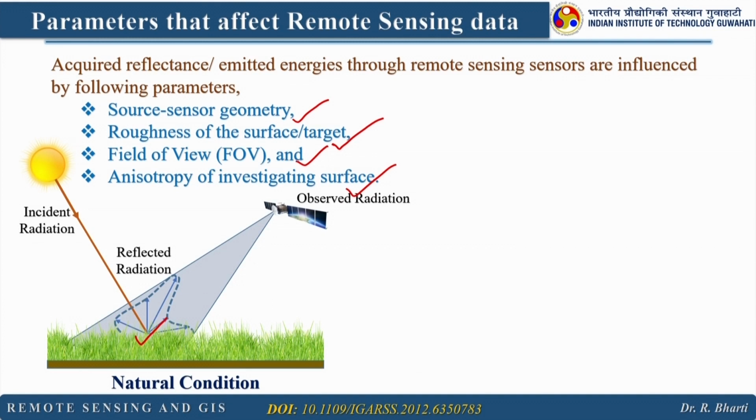Here you can see the sun is illuminating our surface, and based on the material characteristics and the surface roughness, the reflected energy will be more in a particular direction, whereas in some direction it will be less, like here you have less, right, here you have more.